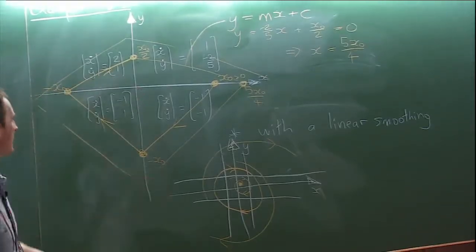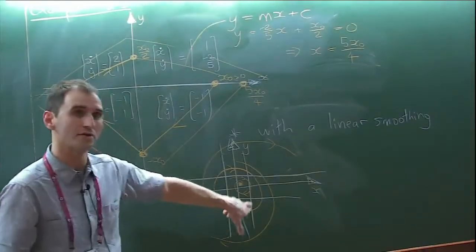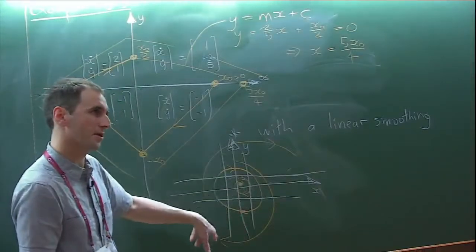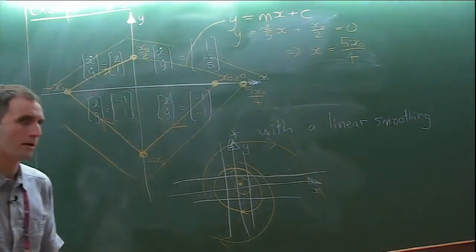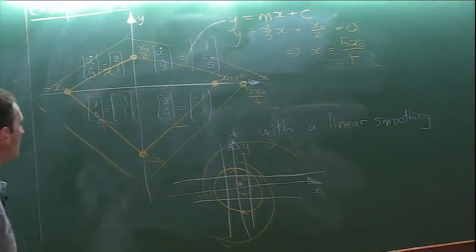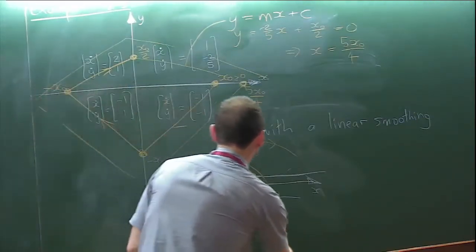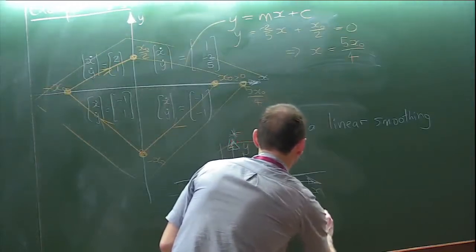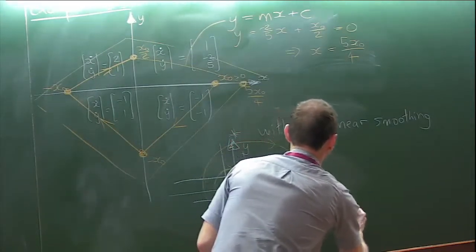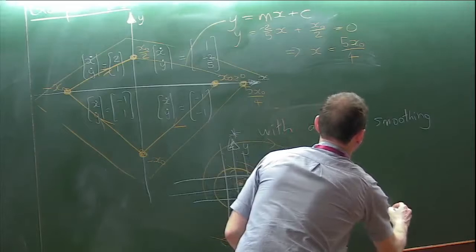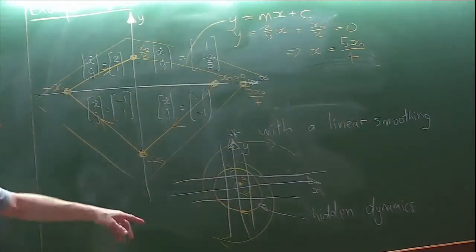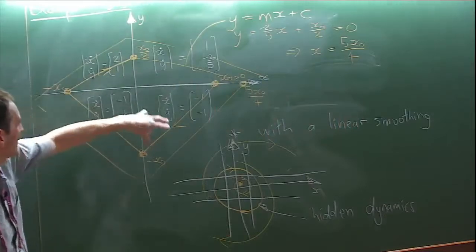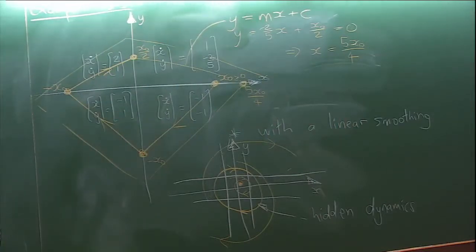So by smoothing the system, we introduce some new dynamics. In this case, we introduce a limit cycle. My colleague Mike Jeffrey at University of Bristol would call these hidden dynamics. The limit cycle is kind of hidden and only appears when you smooth the system.